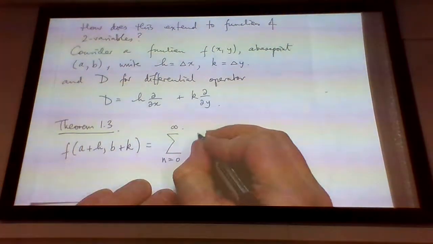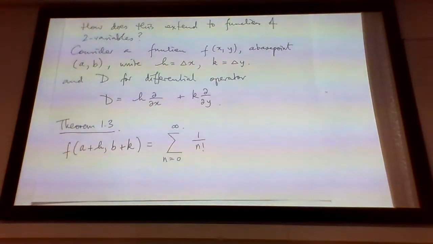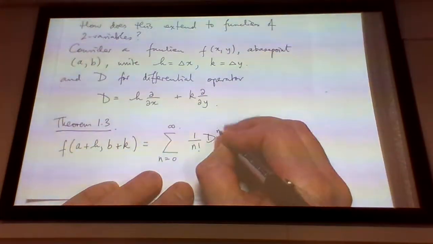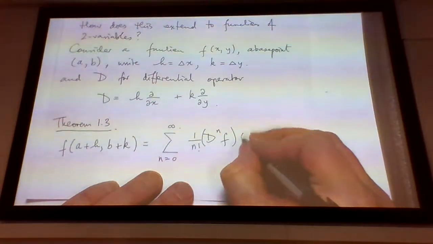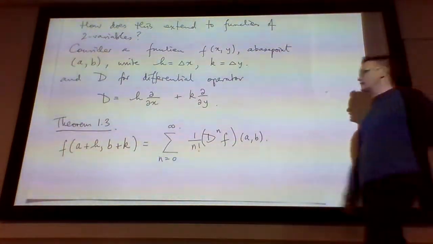We still have this 1 over n factorial part. We don't write the polynomial bits down separately because they are contained in the application of this differential operator to f.